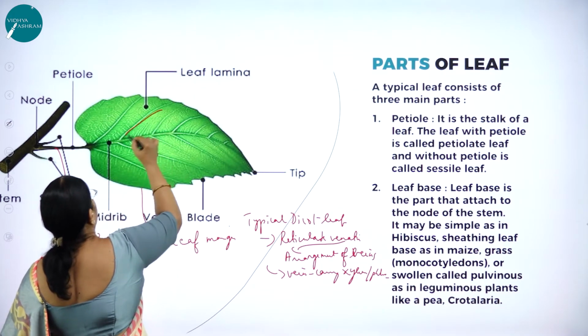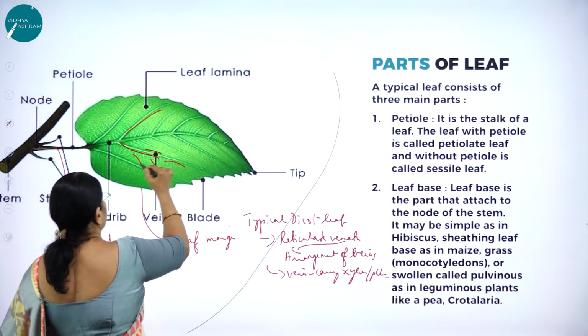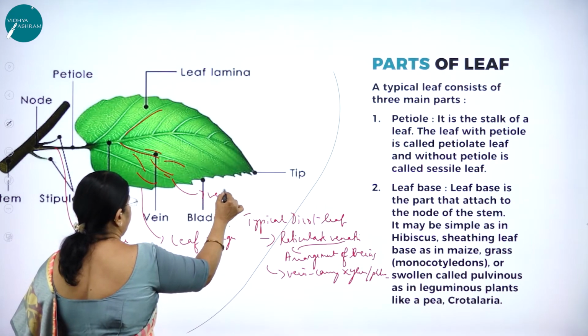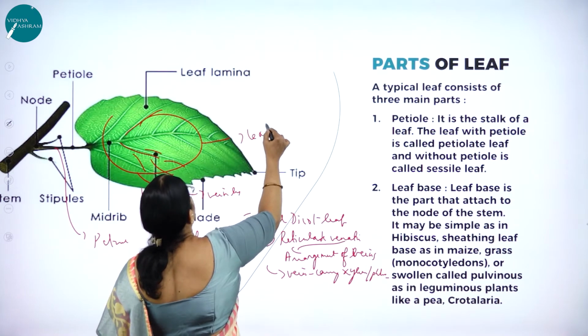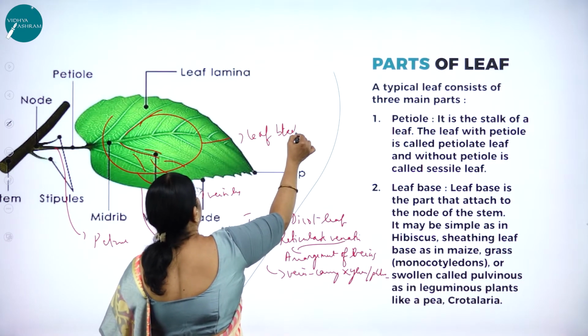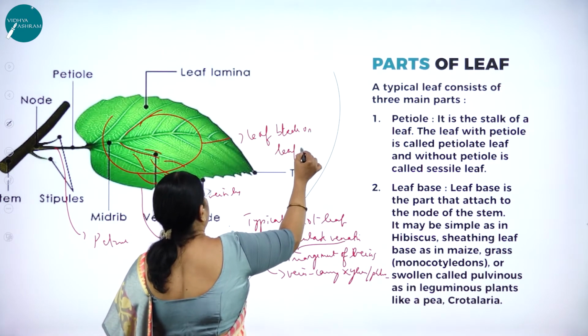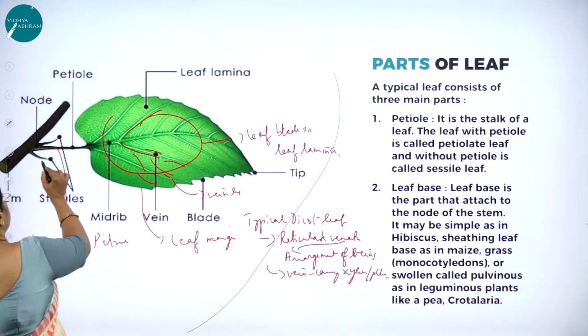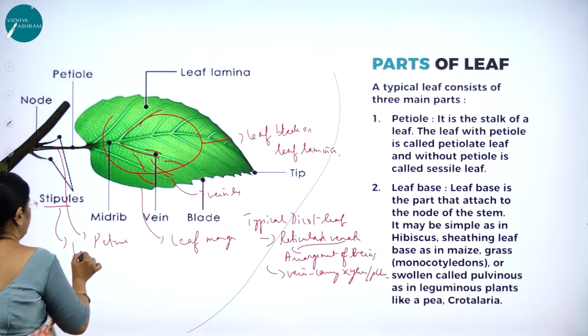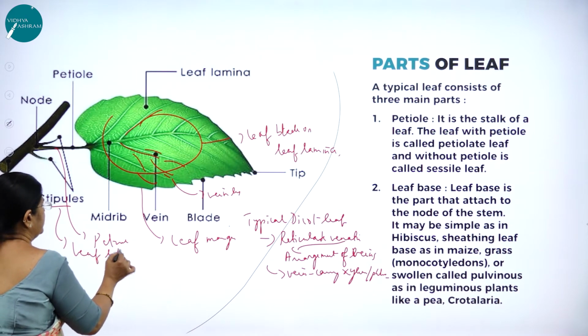And you can see the veinlets. These are called veinlets. And what do you call this whole surface? The leaf blade or leaf lamina.